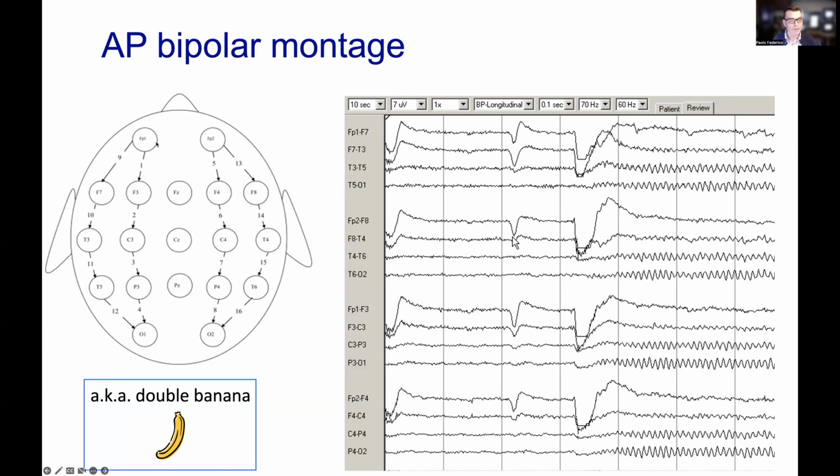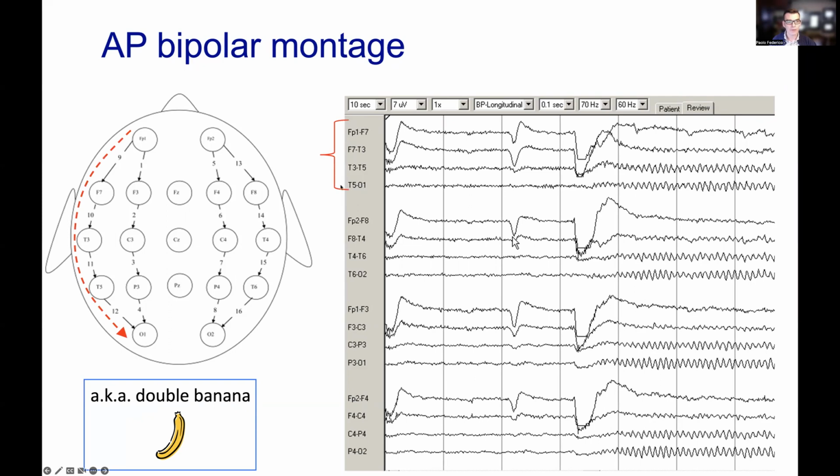The EEG recording itself is essentially a recording of the difference in electrical potential between one electrode and another one. So the difference between the voltage at this electrode and this one will give the top trace here. Then the difference between this electrode and that one will give the second trace here, and then this one and this one here.